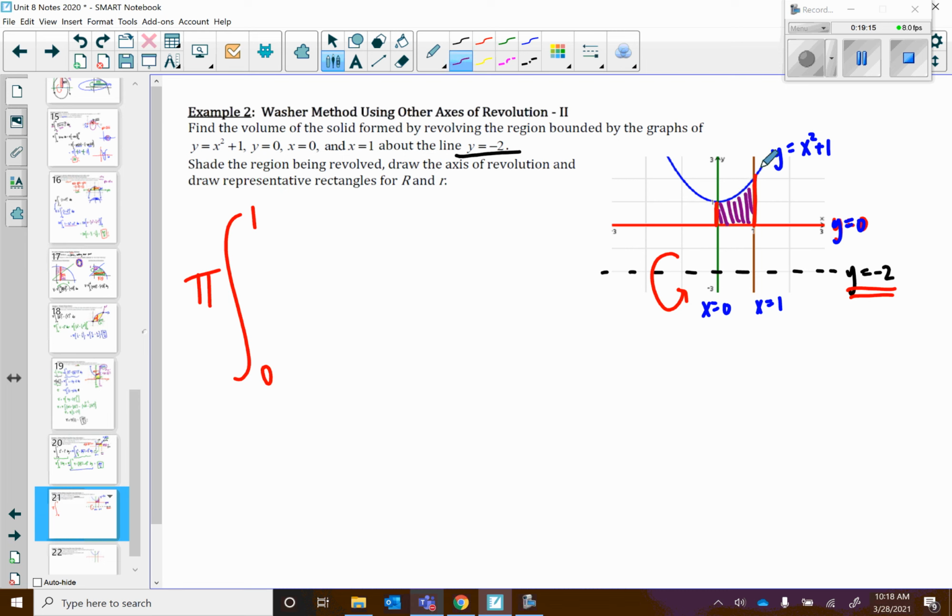The big radius, capital R of x, is equal to, well, it's that x squared plus 1. It's this distance, but then we have to add on this extra little bit right here, plus 2. So our big radius is x squared plus 3.